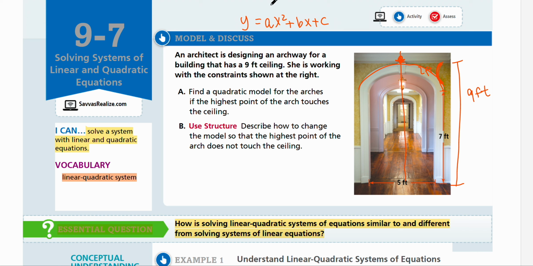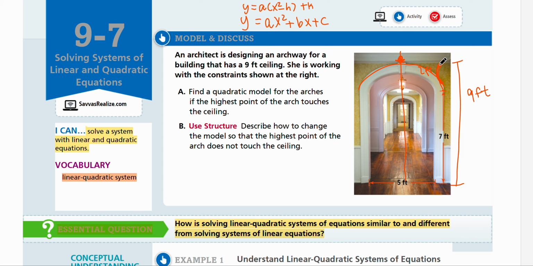So then using the vertex form, y equals a times x minus h squared plus k, to just plug in the point right away, and then a could be negative, but then you need to know how much. So then you need to have another point, right?